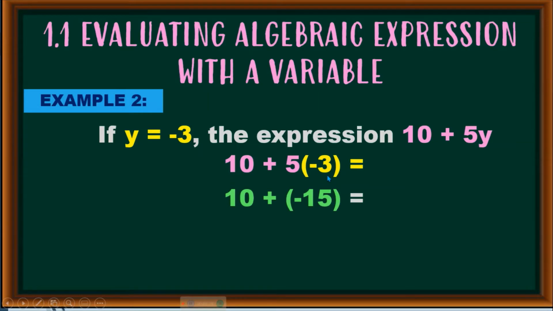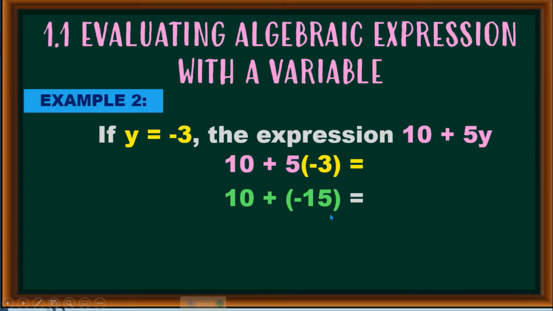Kung matatandaan nyo po yung multiplication of integers natin, since magkaiba sila ng sign, isang positive, isang negative, i-multiply po natin yung numbers or yung integers, and then yung sign po nila is negative. The product is negative if the two integers are having an unlike sign. So, 5 times negative 3, that is negative 15.